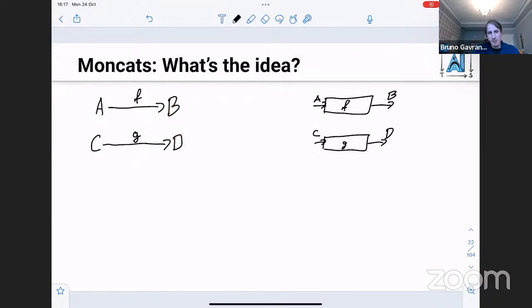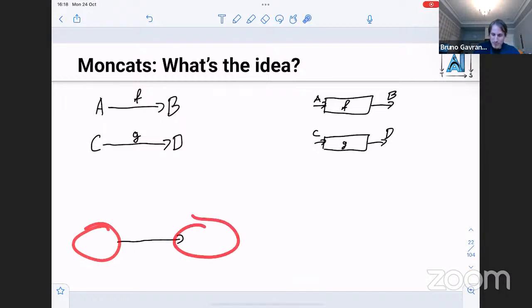But if we're aiming to think of these processes as a morphism in our category, so as some sort of arrow, then that entails choosing a particular domain and codomain of that process.